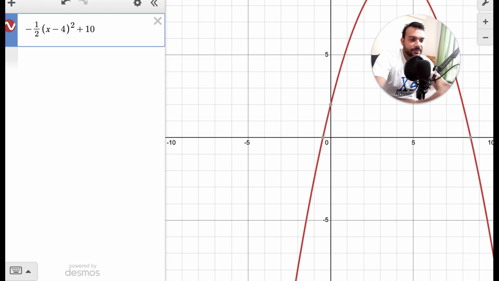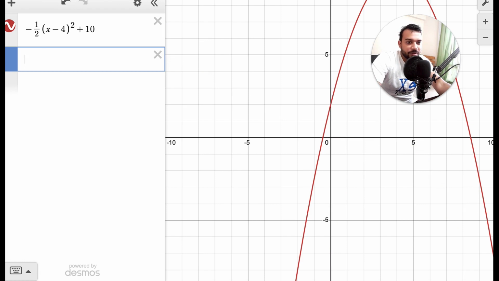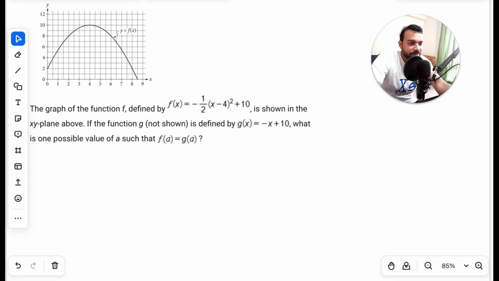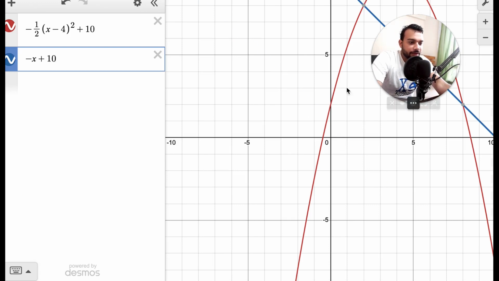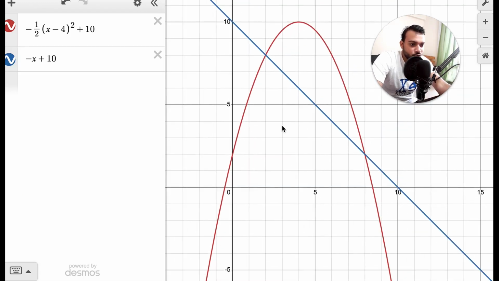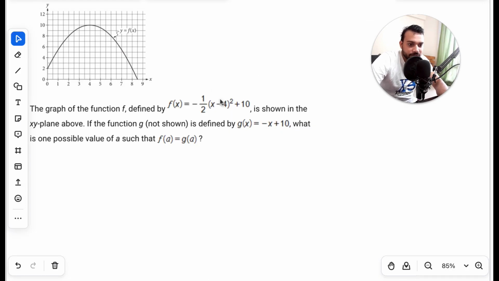Second equation is going to be negative x plus 10. Okay. As you can see here, we can see two intersection points right here. And what are these? 2, 8 and 8, 2. Exactly what we got. One x coordinate is 2, one is 8. We got 2 and 8 there as well. So let's return to our original question. So these are the two methods of doing this. Moving on to the next question.